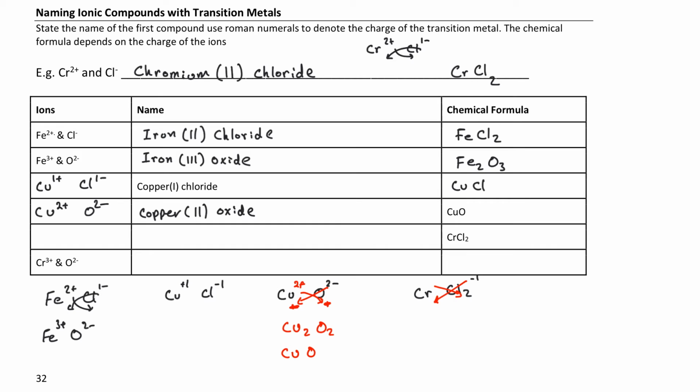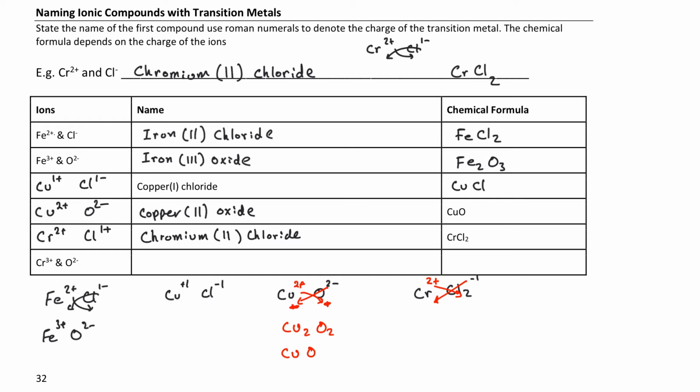So that would mean that this has to be a 2 plus. There's nothing else that would really work. So this would mean that we got a chromium of 2 plus. We got chlorine of -1 or 1 minus. And this will become chromium 2 chloride. And just to be consistent here, I'm going to write this as 1 plus.